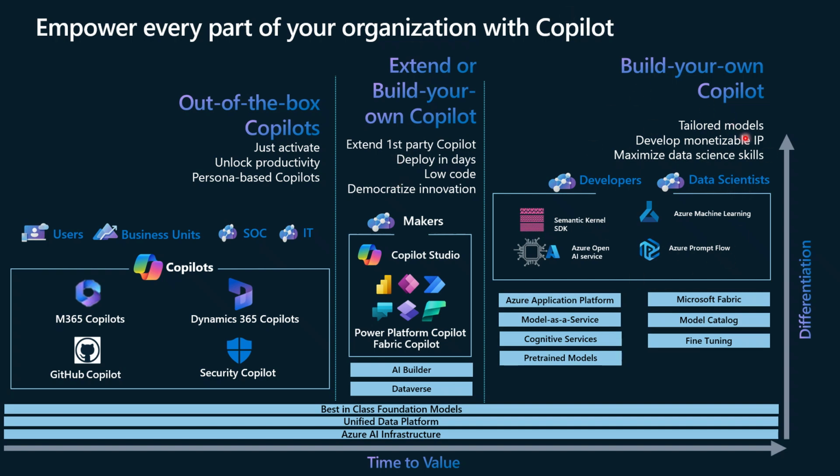And the most differentiated option on the upper right-hand side is build your own Copilot with Azure AI tools, including Semantic Kernel, Azure Machine Learning, Azure OpenAI Service, and Prompt Flow. Those are more for developers and data scientists who want to play with different LLMs, do prompt engineering, fine-tuning, and interaction with other services like Fabric for analytics.